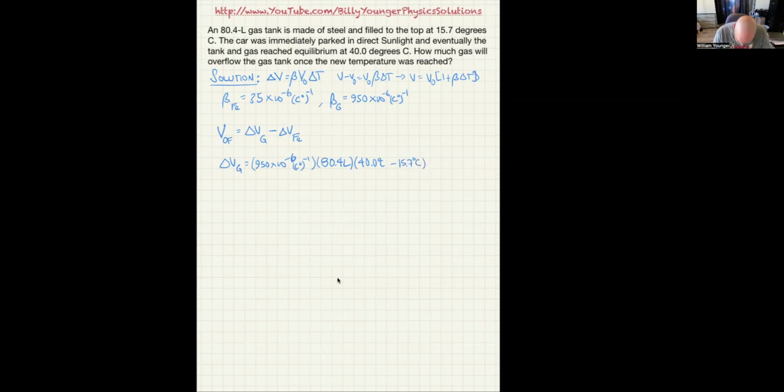Now, this actually leaves 3 sig figs after you do the subtraction, 40 minus 15.7. The zero on the 950 is likely not significant.